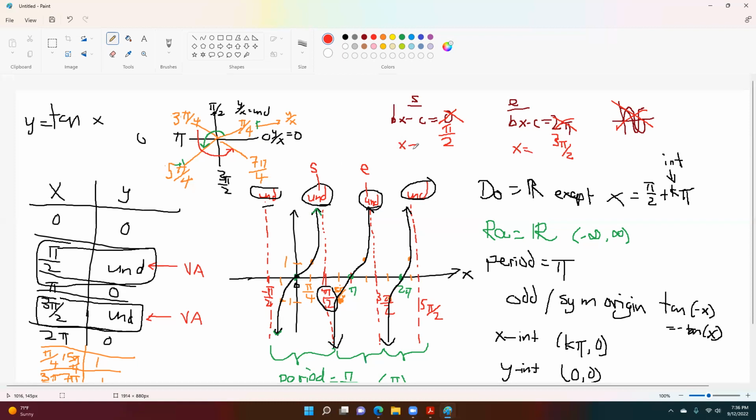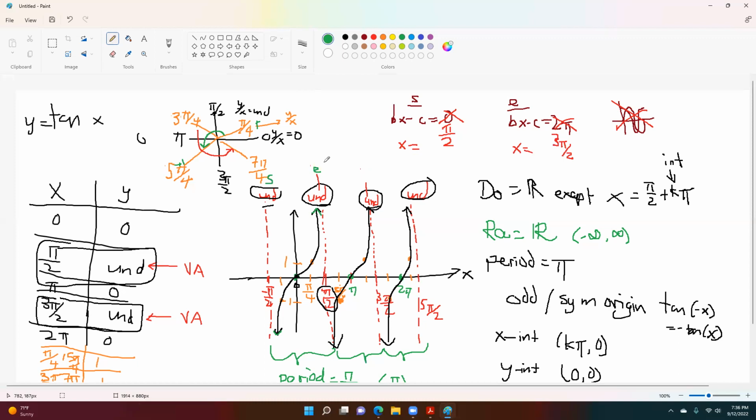Now, if you do not want to use pi over 2 and 3 pi over 2, you can use any starting point you want, but it has to be an undefined case. So you can use a starting point of negative pi over 2, and then you end at pi over 2.